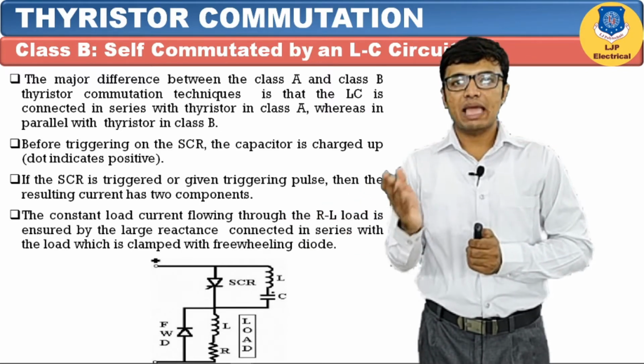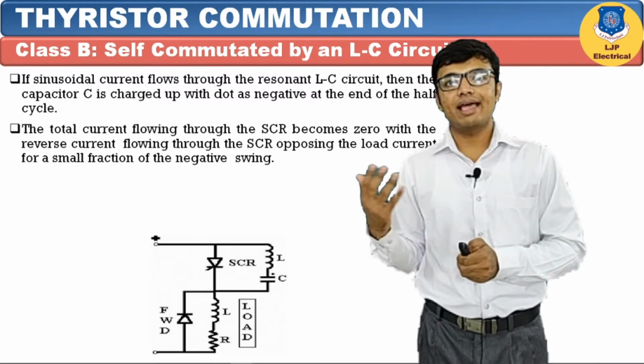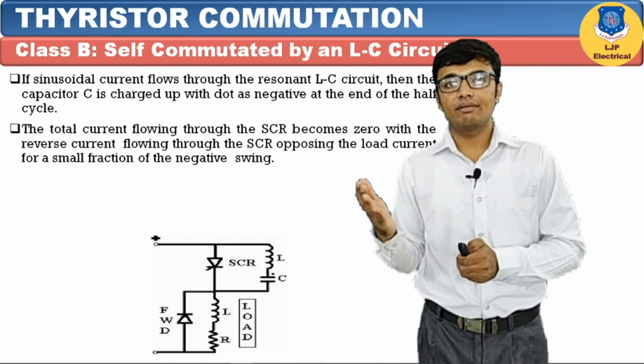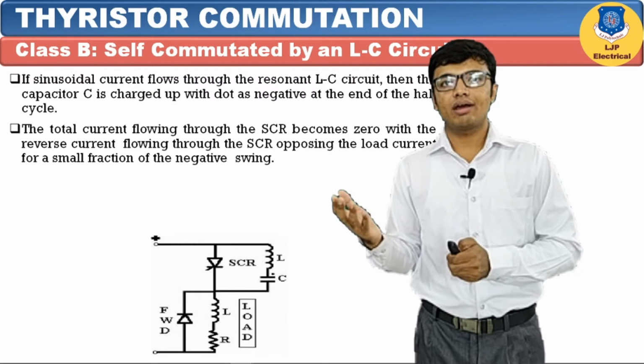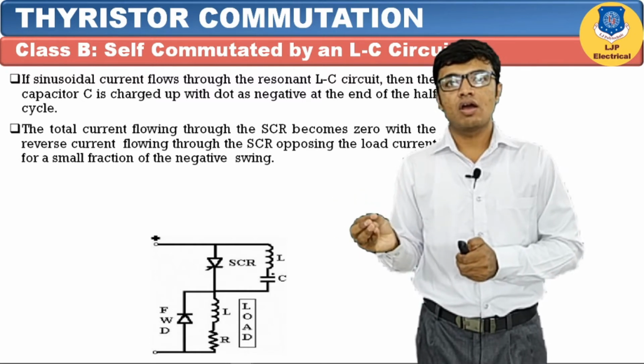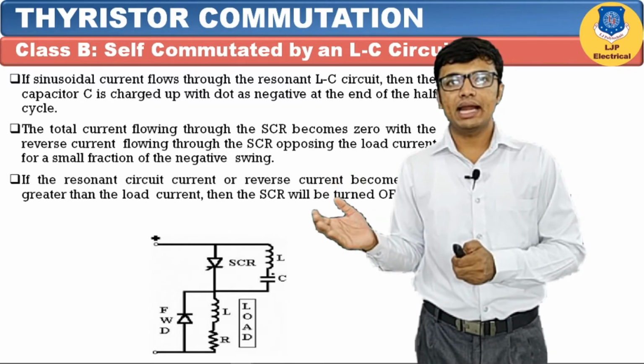When this capacitor is fully charged, the total current flowing through the SCR becomes zero, with the reverse current flowing through the SCR opposing the load current for a small fraction of negative swing, so that this capacitor is charged in the negative direction.